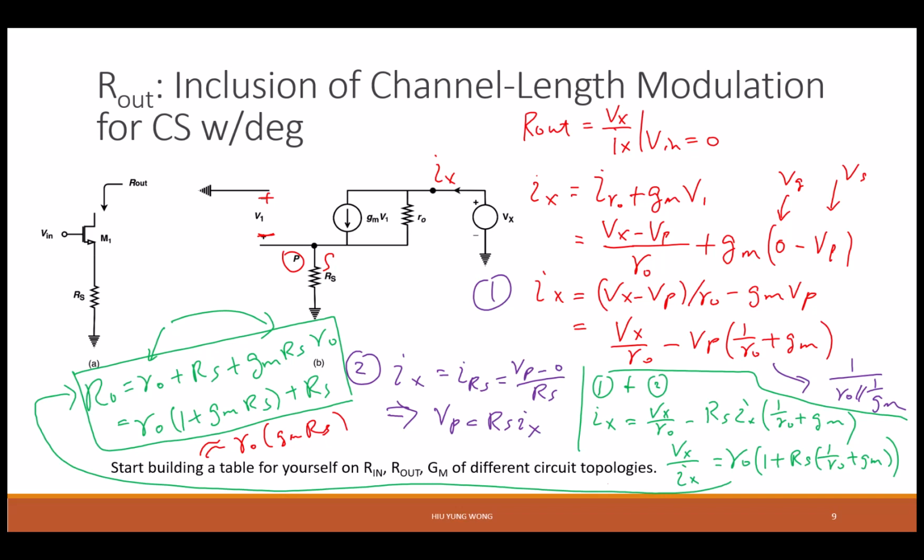Now, some of you might already realize this. You don't need to write this equation. You can just plug it in if you already realize that, right? So this is messy. So from 1 and 2, then I will get Ix equals to Vx divided by R0, and I have Vp minus Rs Ix, right?